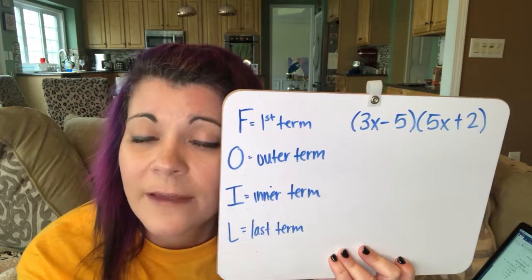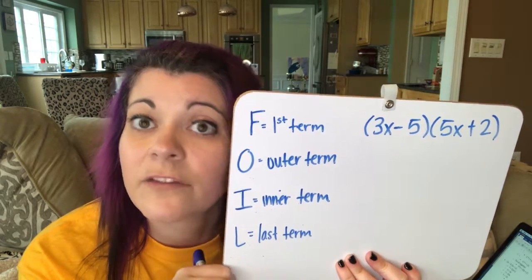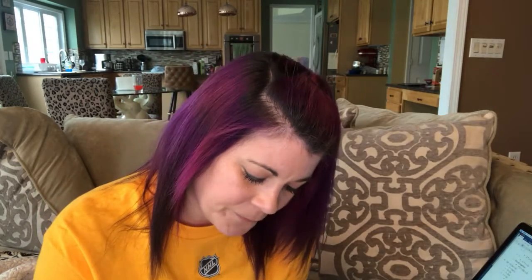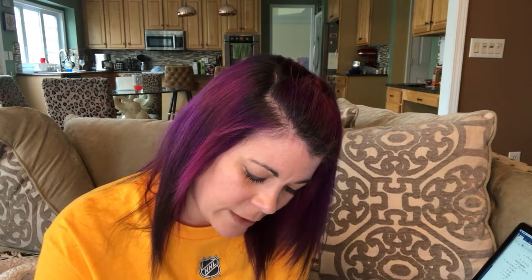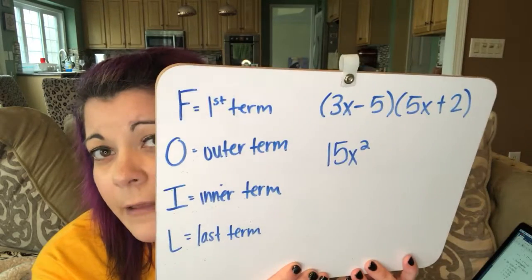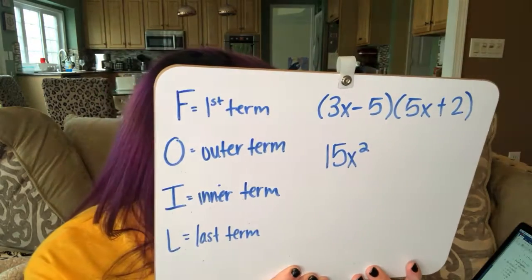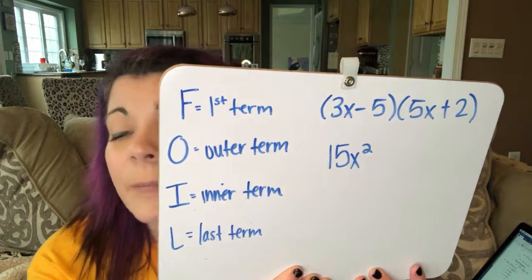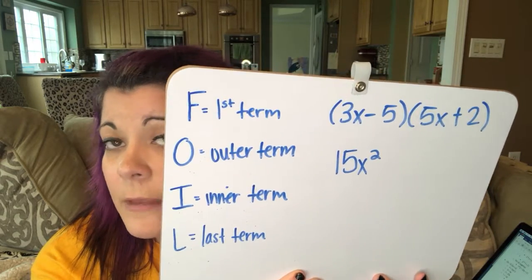So 3 times 5 is 15. Then x times x is x squared. So 15x squared. The next terms are the outer terms. So that would be 3x and a positive 2. So 3x times a positive 2 is a positive 6x, because 3 times 2 is 6. And we bring that x with us.